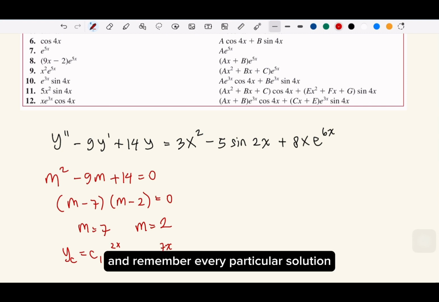And remember, every particular solution, every suggestion that you offer, you need to make sure that it is linearly independent from the complementary solution.